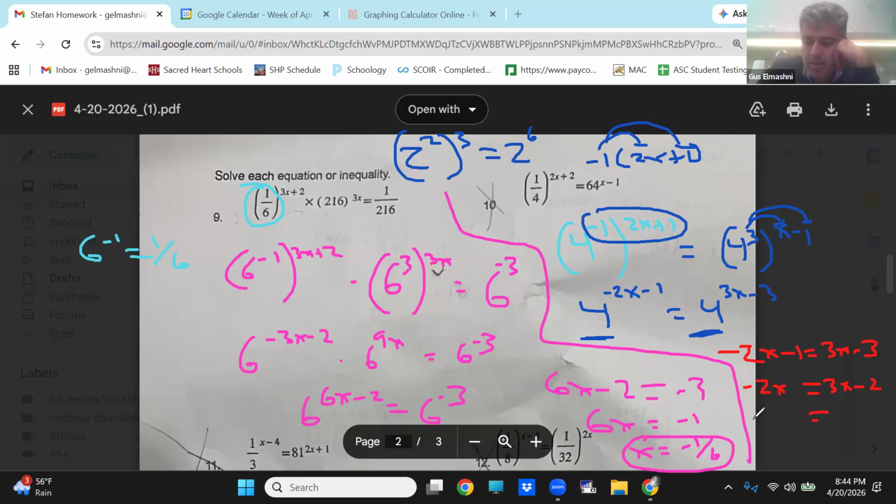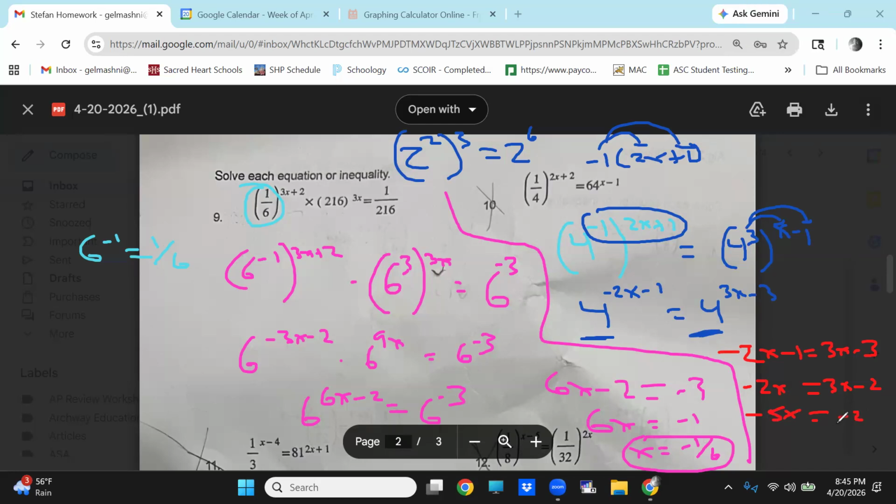I thought you were moving the 3x over from right to left. Oh, yeah. So it'll be negative 3x. So what does the left side become? Negative 5x. Okay, good. Equals negative 2. So what does x equal?